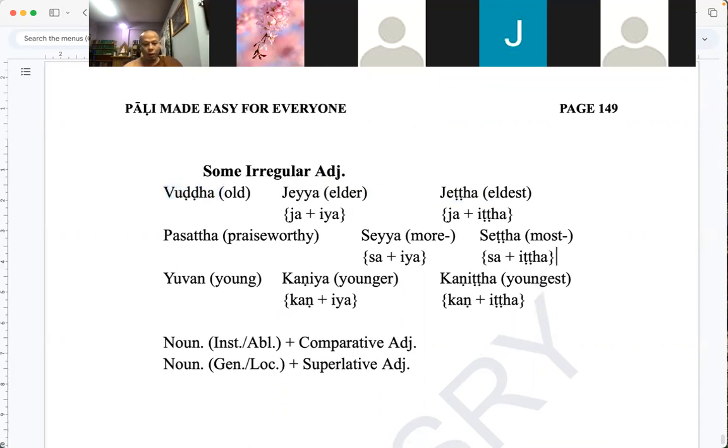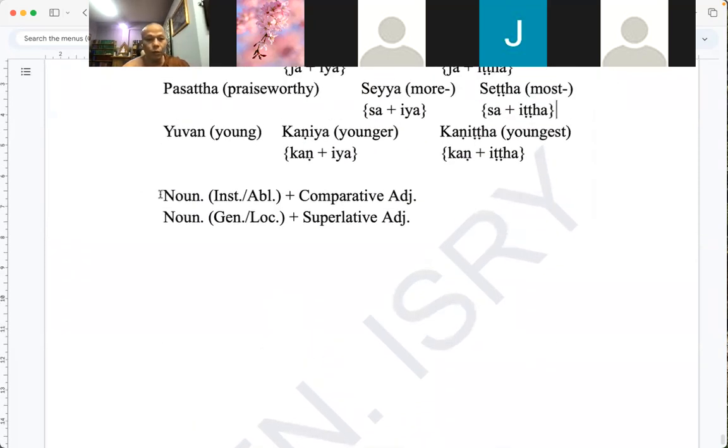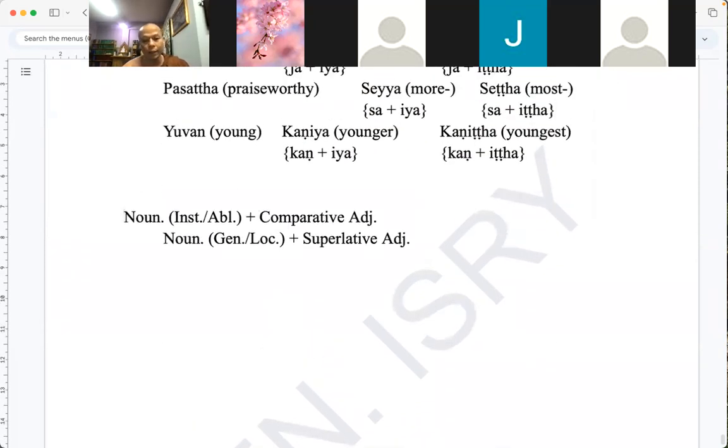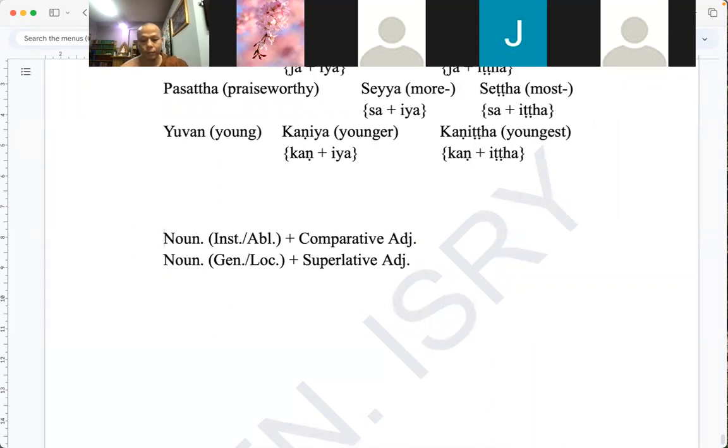So now usage of those comparative adjectives. Sentence structure with the superlative adjectives.